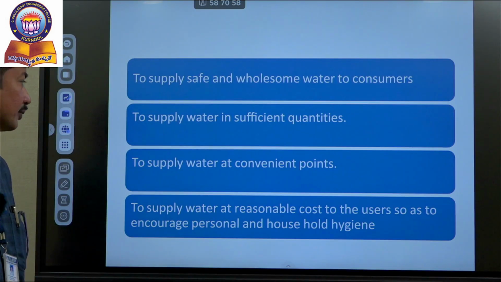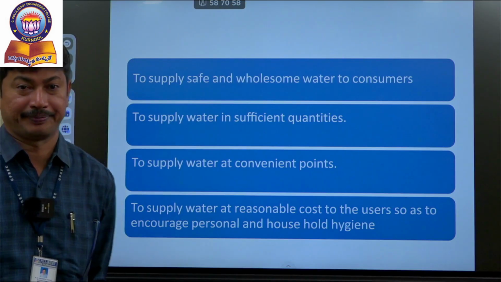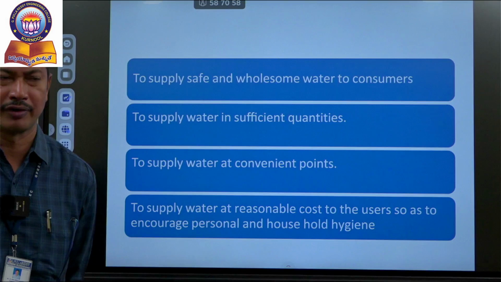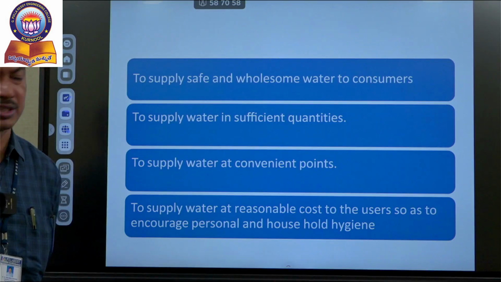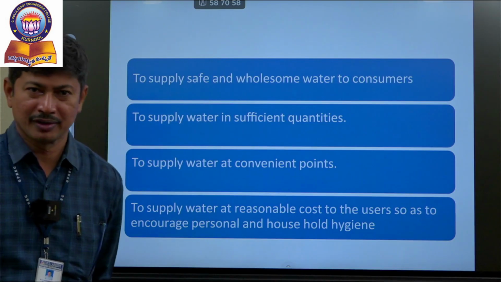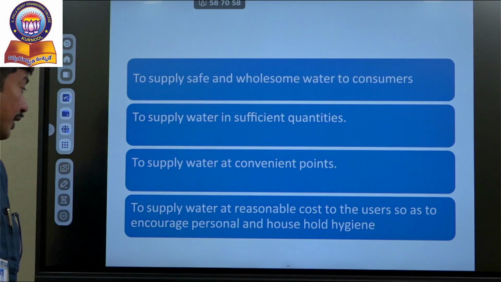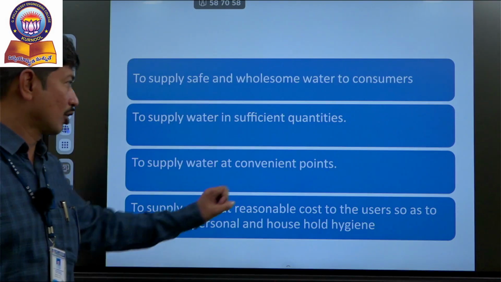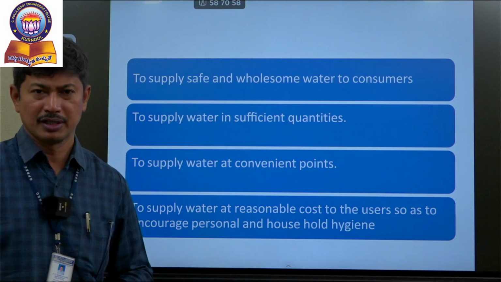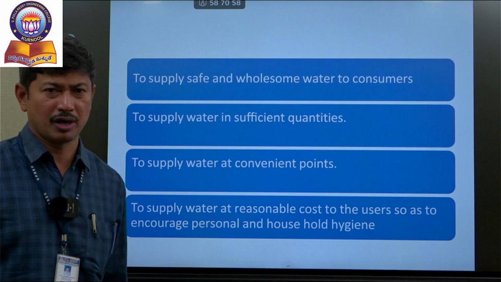Third, to distribute the water at every convenient point by establishing a good layout of network of underground system. And to supply at reasonable cost, maybe to encourage household hygiene. That is a very important cost. Finally, these 4 points are the objectives of a water supply system: quantity, quality, distribution and cost.